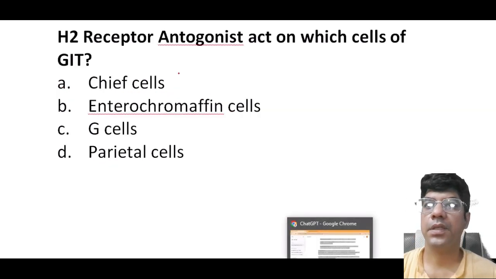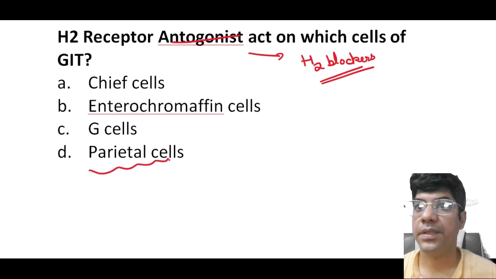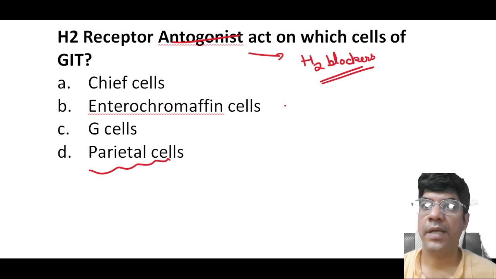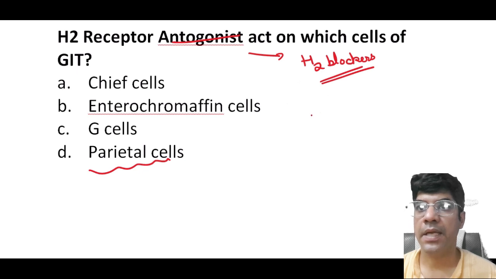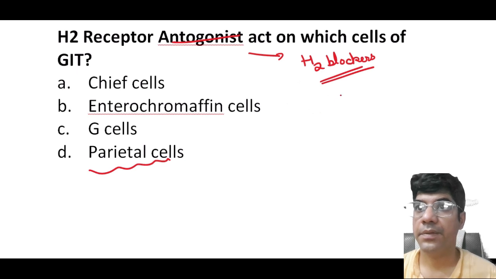Coming to the next question, the H2 receptor antagonists, that are the H2 blockers, act on which cells of the GIT? The answer would be parietal cells. H2 receptor antagonists are also known as H2 blockers. They are drugs used to block the action of histamine on the parietal cells in the stomach.